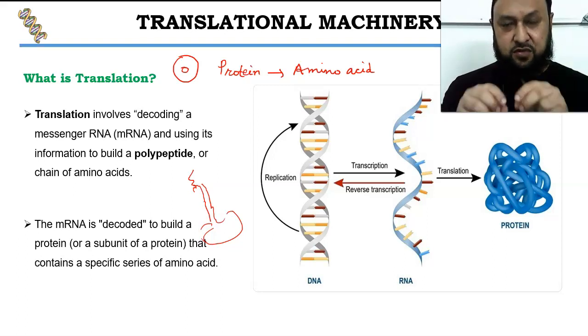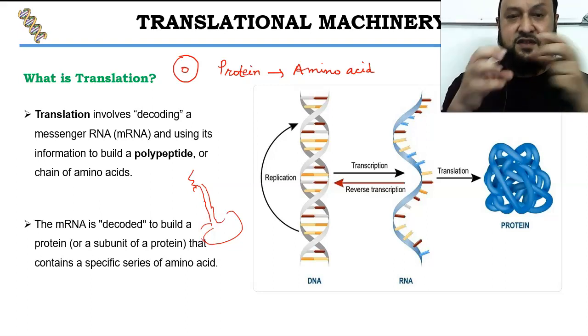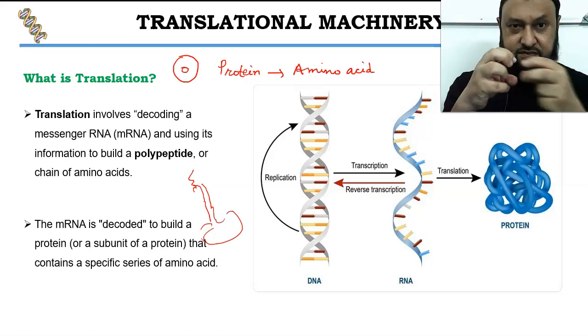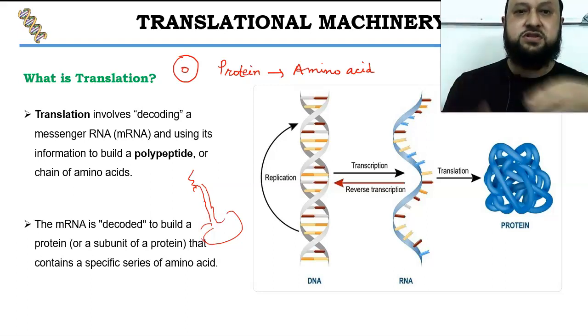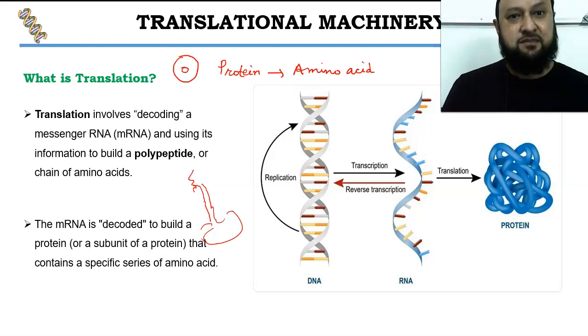There the different sequence joins with the help of peptide bonds and forms a new protein which is different from what we have taken in. Okay. Now, translation means decoding.